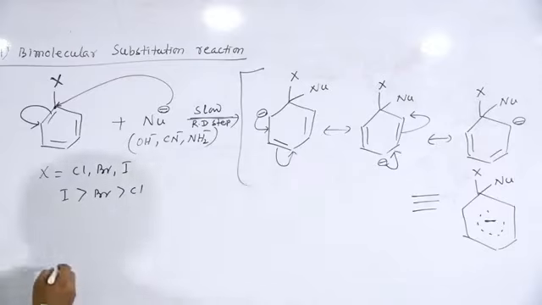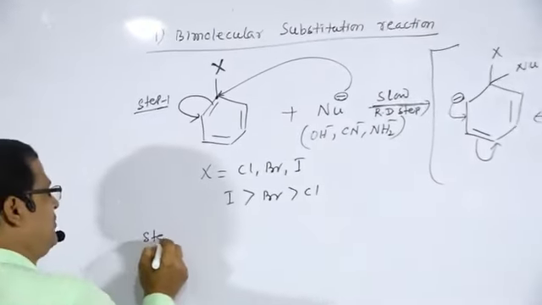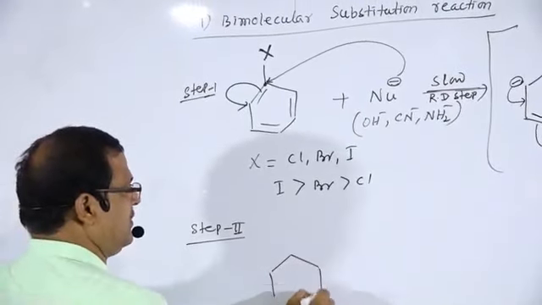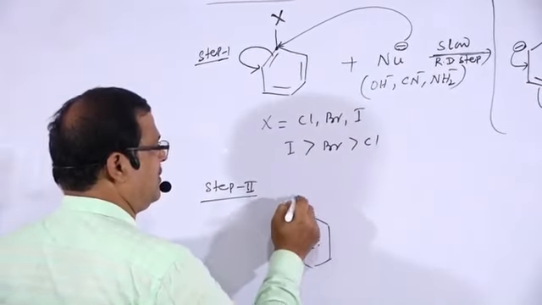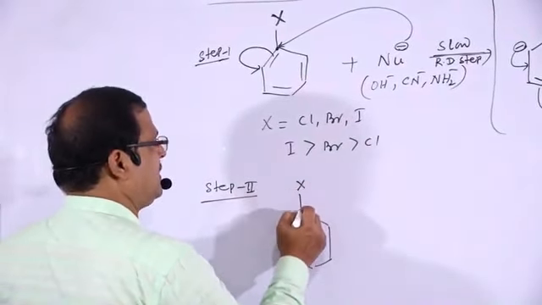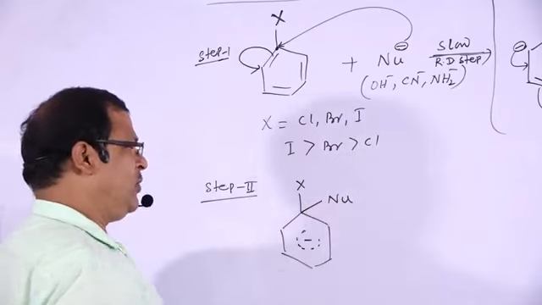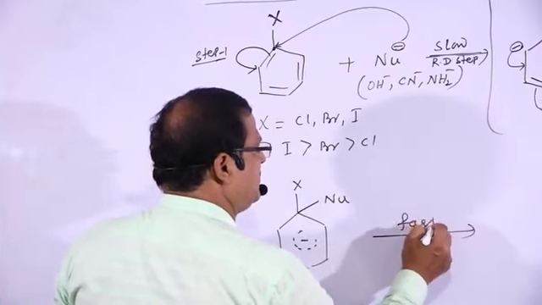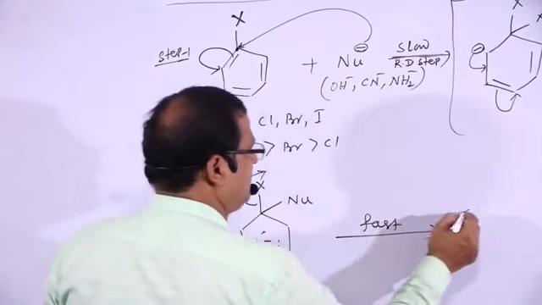This is step 1, and in step 2, X is removed as X-.